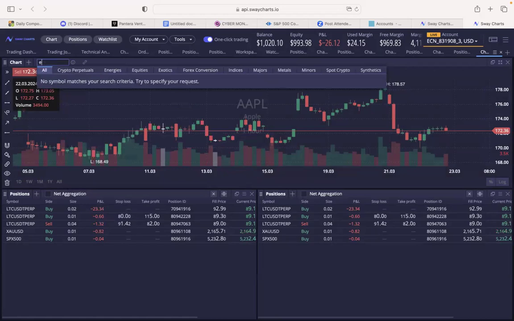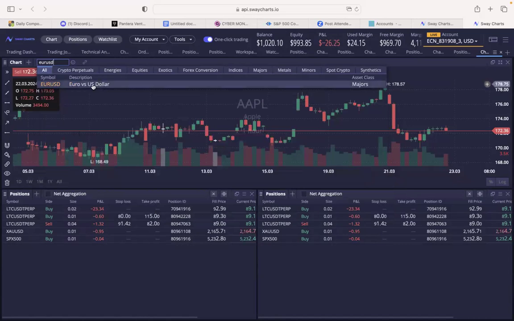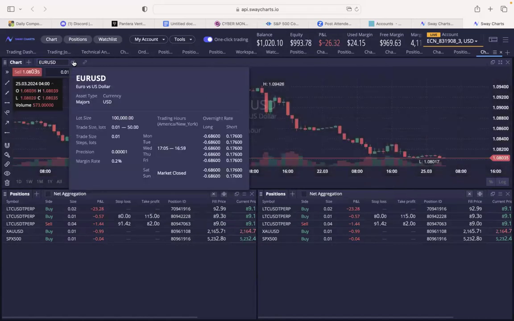Let me look at Euro USD. Lot size, bigger lot, margin rate 0.02 because it's a more liquid market. And if you look at the time, it shows you the time that it is closed, Saturday and Sundays. The rest of the time, the forex market is open.